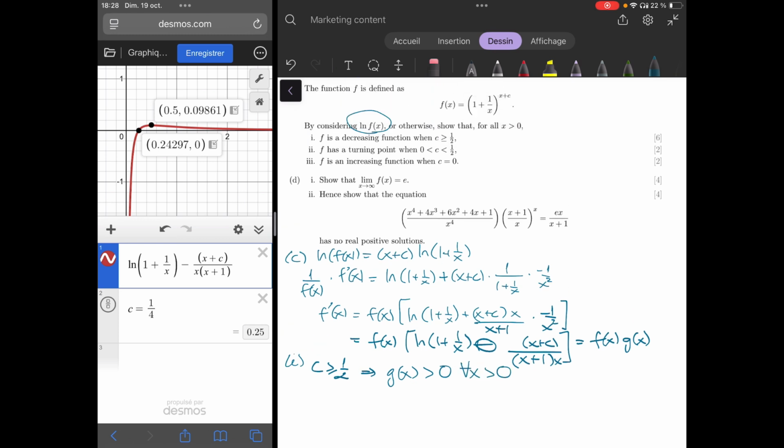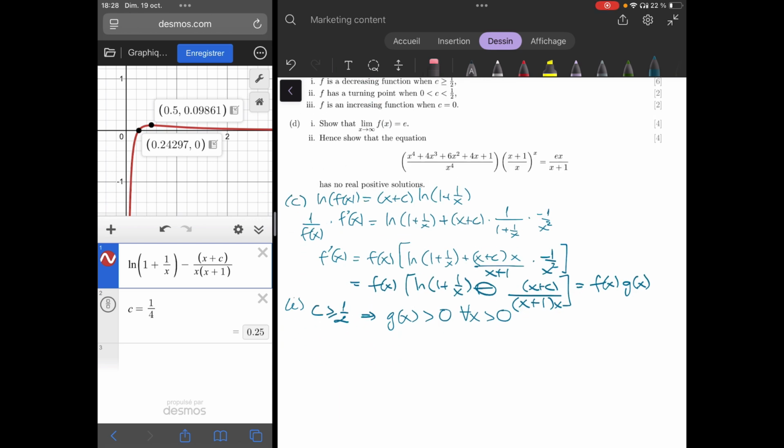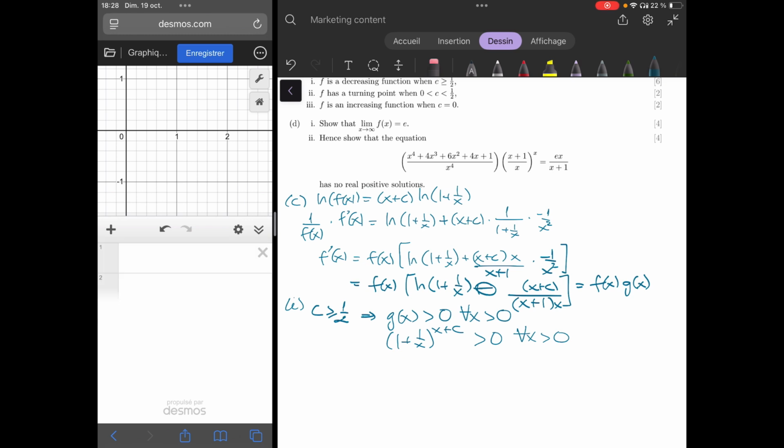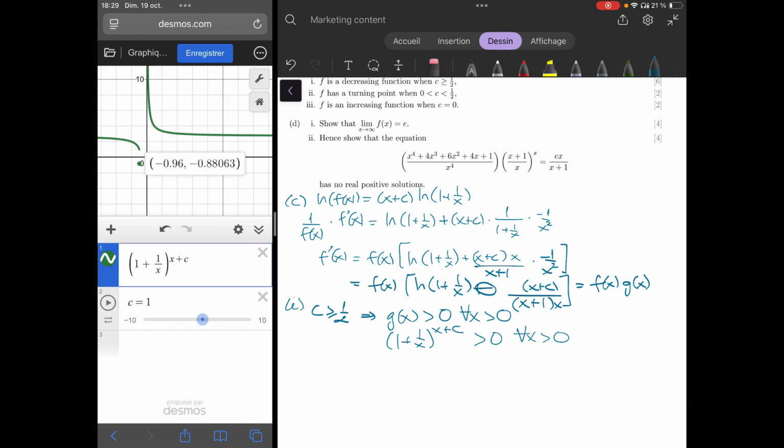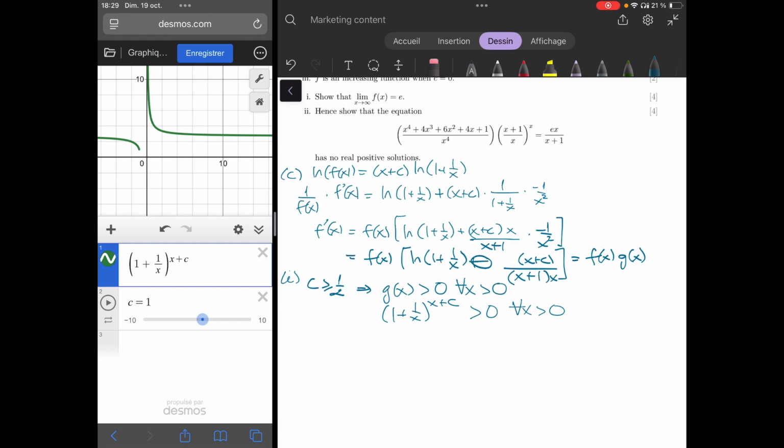Furthermore, we know that 1 plus 1 over x to the x plus c also has to be positive for all positive x. You can either plug it into your GDC if you're not entirely sure, but you can see it is strictly positive. Therefore, f of x, g of x is also positive.